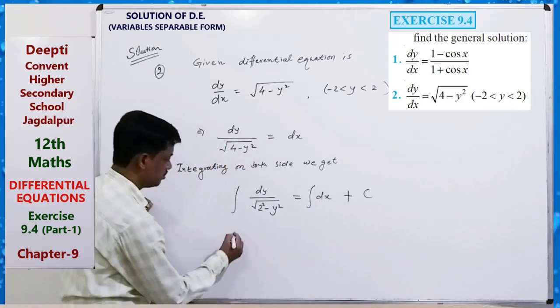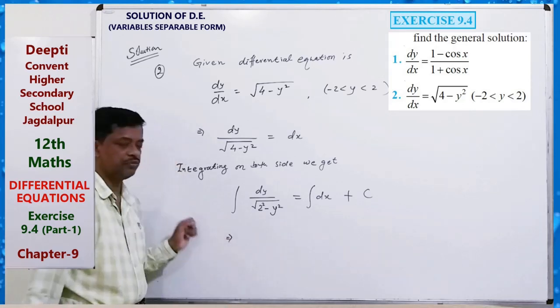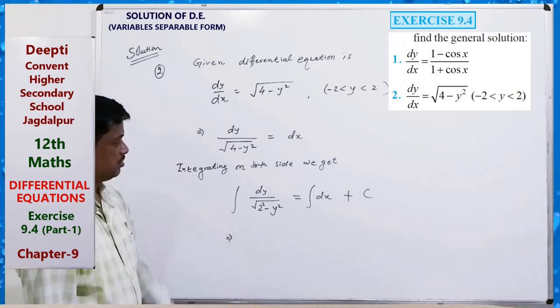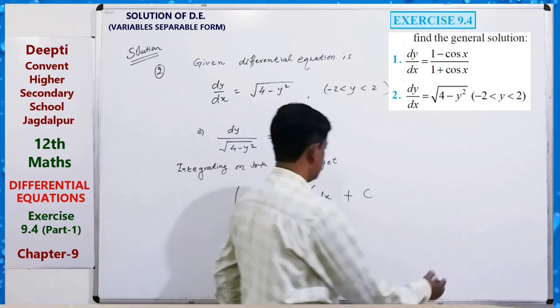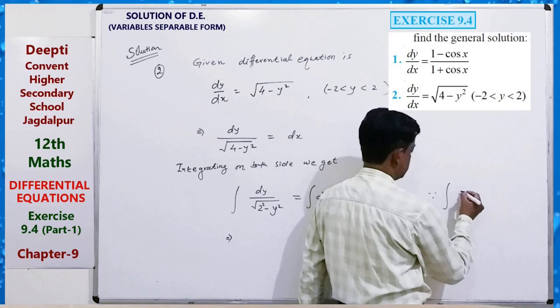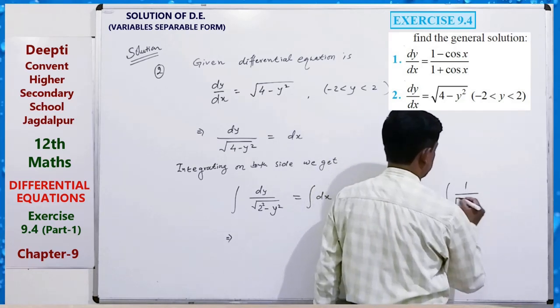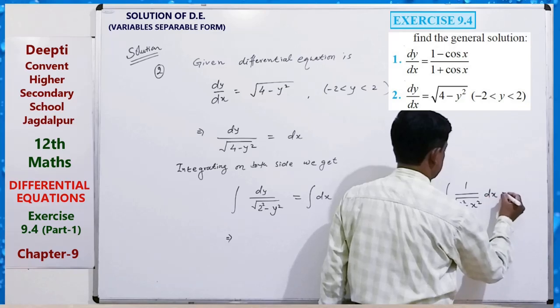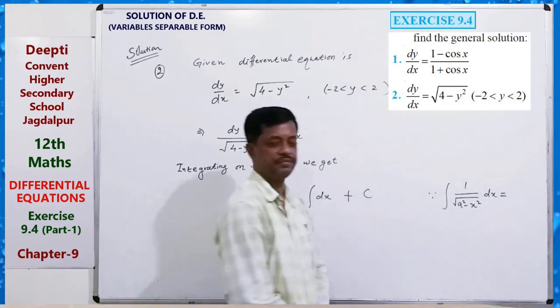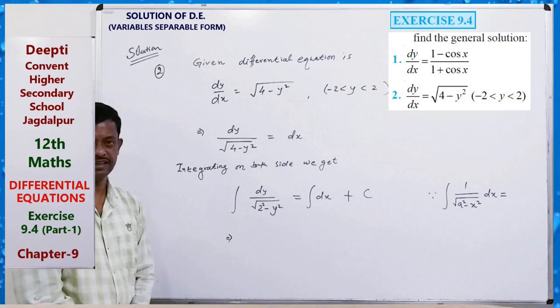Clear? So here we know the integration of 1 upon root of a square minus x square dx equals sin inverse x by a.